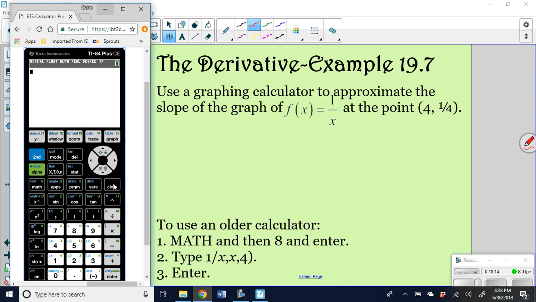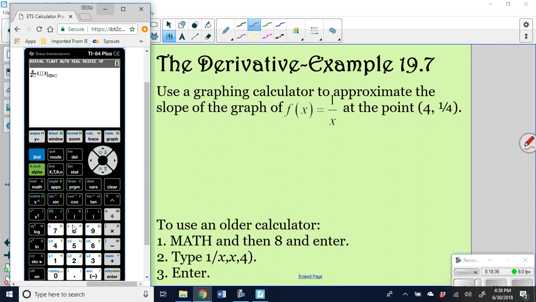So you can go to your graphing calculator. You're going to go to Math, right under the green button. And we're going to use derivative, which is number 8. It should come up like this.